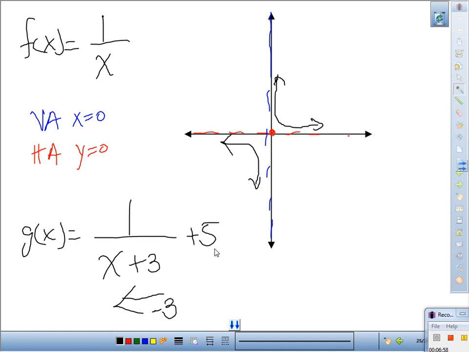And this one's going to move it how many steps up? 5. So these two are going to move 3 to the left and 5 up, so it's going to be somewhere over here.